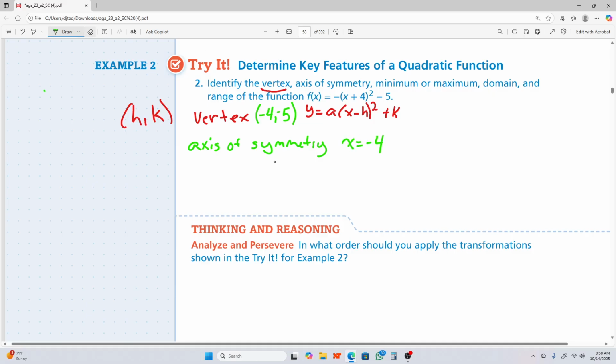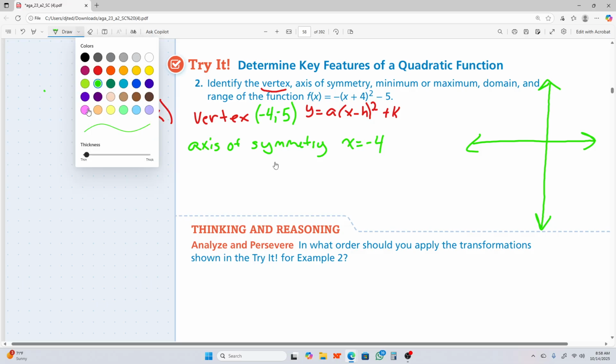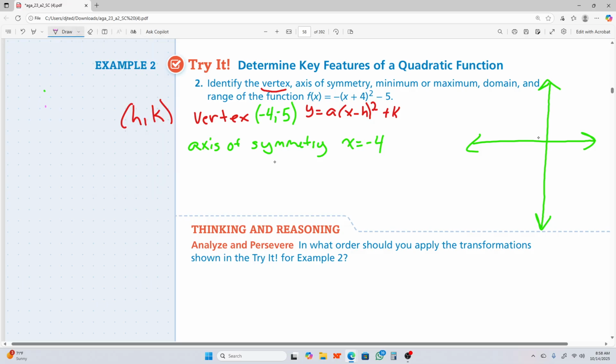So what this is looking like: -4, -5. One, two, three, four. 1, 2, 3, 4, 5. When x is -4, y is -5. That's our vertex.